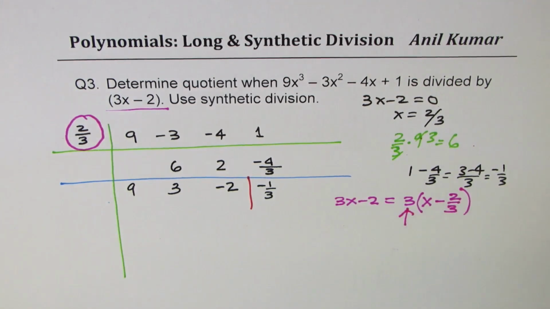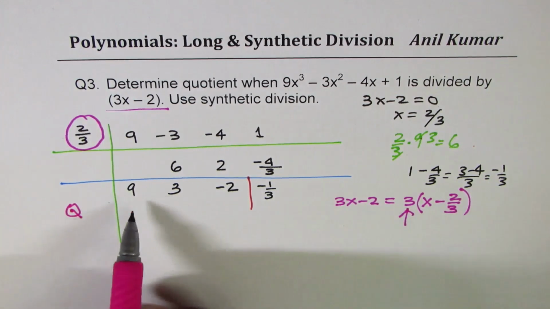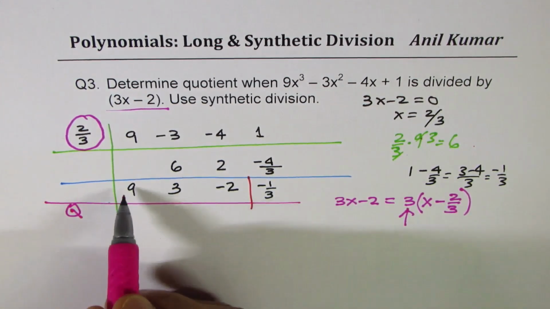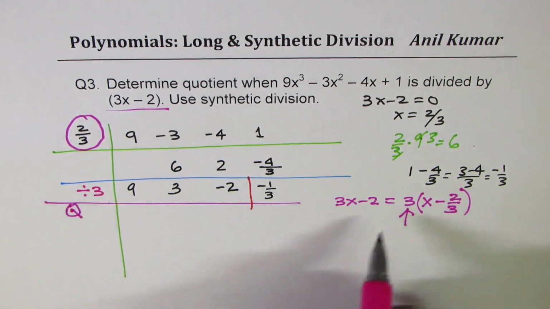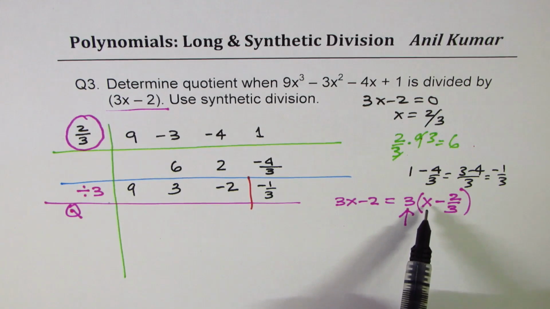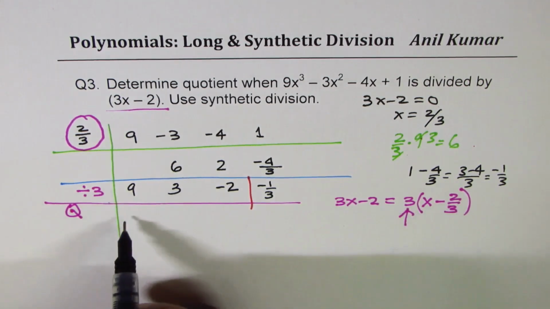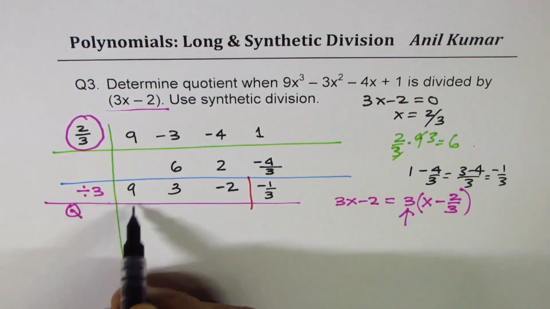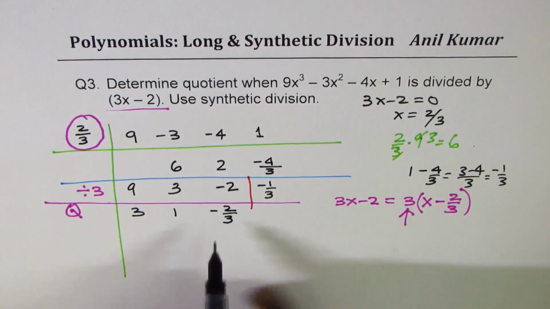Do you understand? Correct? So we'll write the quotient as, you have to divide this by 3, all these numbers. You have to divide this by 3 because of this 3. You get my idea? Because we have used the factor x minus 2 over 3, not 3 times. So now you get quotient coefficients as 3, 1, minus 2 over 3.